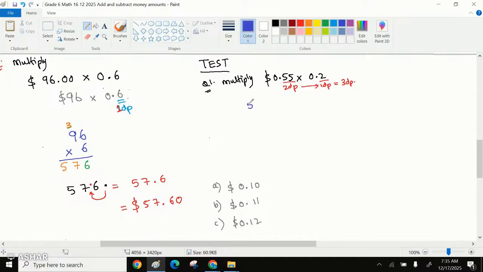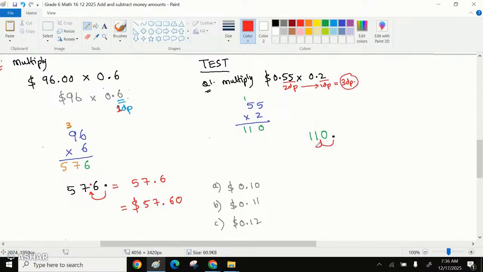That means 55 multiplied by 2. 2 times 5 is 10, 1 is carry, 2 times 5 is 10, and 11 is there. So once we have this 11, right, 110, we know that the decimal right now is after the third digit, after the unit. We know we have to move 3 decimal places.